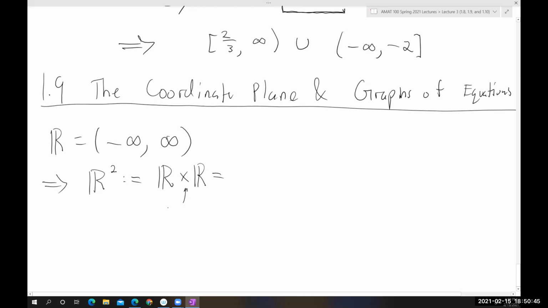This is not really multiplication. I'll just point that out. I guess it's some sort of multiplication of sets, but not really. And this just consists of all so-called ordered pairs. So remember, this is how you read this: R cross R is the set of all these ordered pairs x and y.